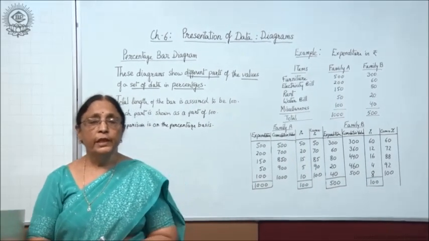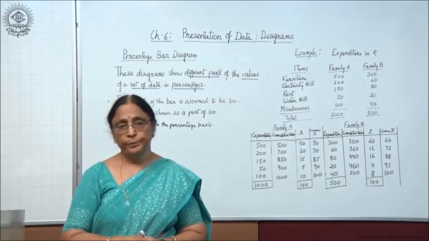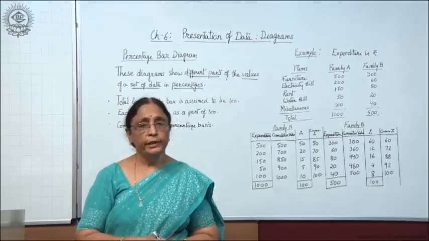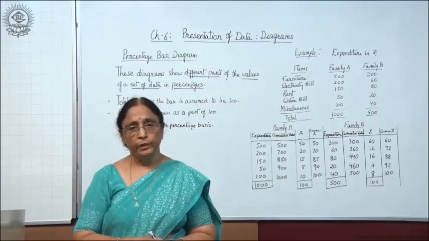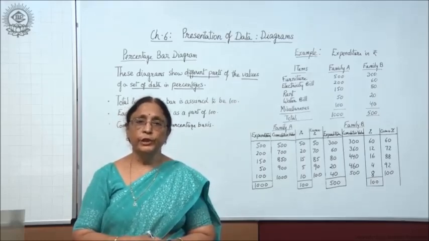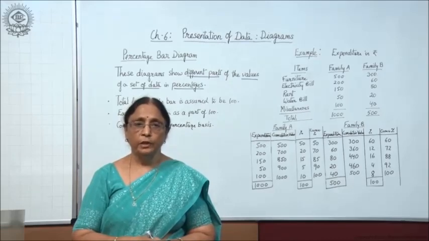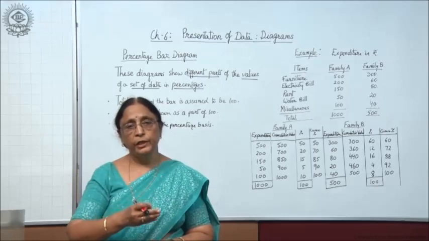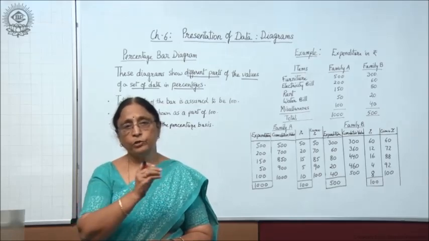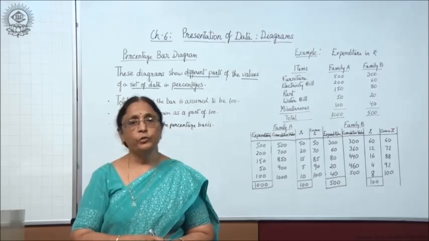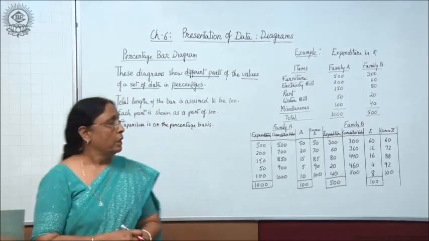This means that the values which are given to us have to be converted into percentage first, then we can draw the diagram. If the values are already given in percentage, you need not convert them again; you directly draw the diagram. Otherwise you have to convert the values into percentages.